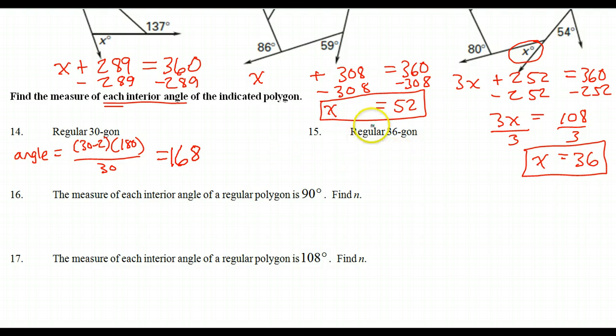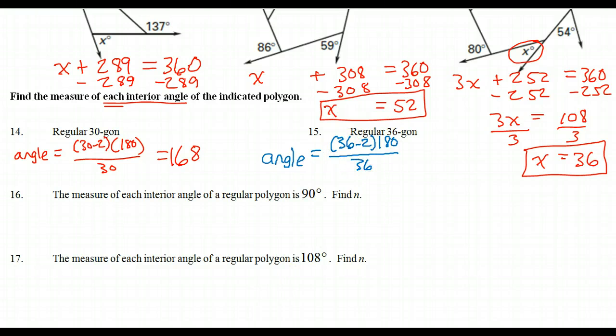Okay, same thing for a regular 36-gon. Let me change colors real quick. So for number 15, again, each angle is going to equal the total divided by the number of sides.